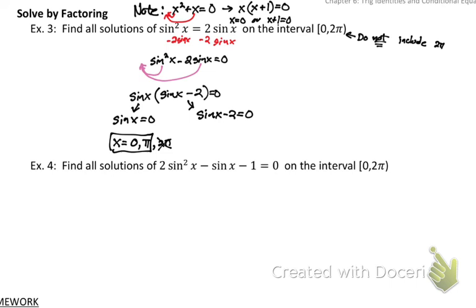It's kind of like if I just had a times b equals 0, either a equals 0 or b equals 0, or both of them. But one of them has to equal 0 for the whole thing to equal 0. So this sine x is just my a part. This is just my b part. Other questions on this one? We haven't finished it yet, though. We do have to do the other thing.